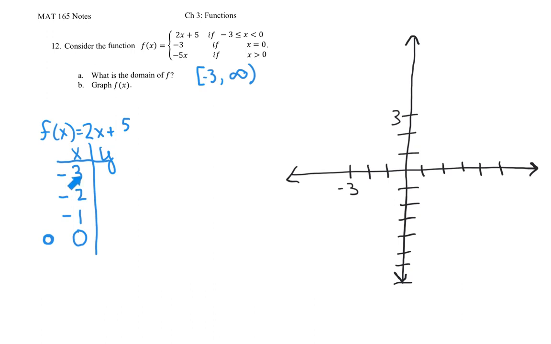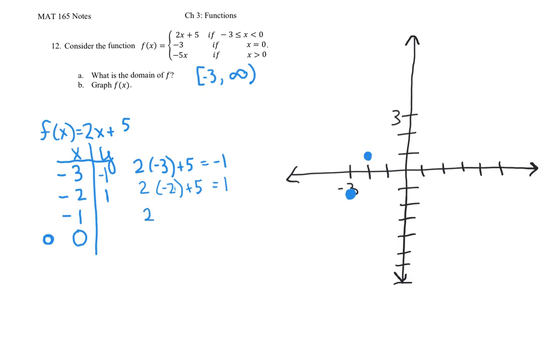So when I go ahead and plug these values into 2x plus 5, when x is -3, the y value will equal -1. So that will be one of my points on the graph. When I plug in -2 to the function, I'll get -4 plus 5, which is a positive 1. So when x is -2, y is positive 1.